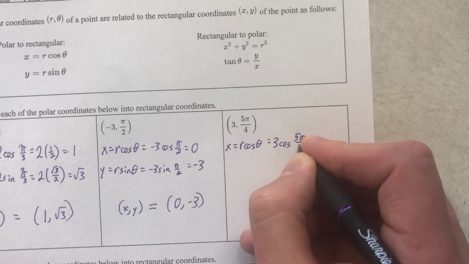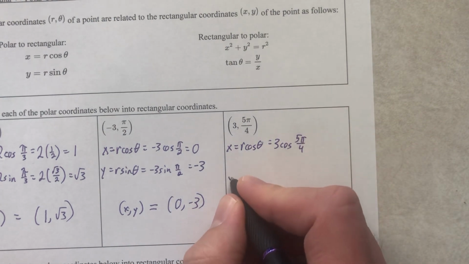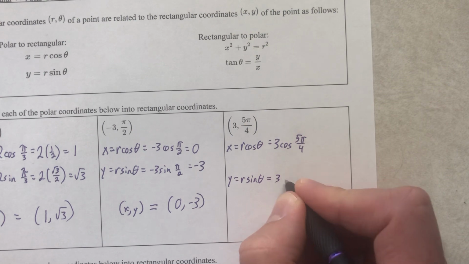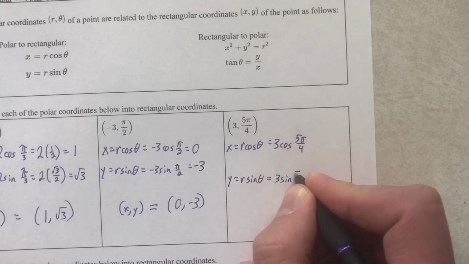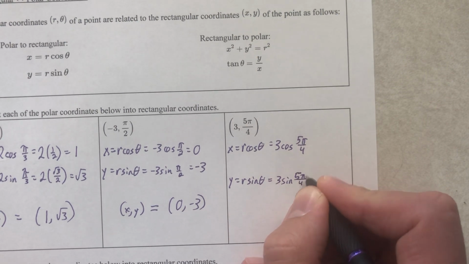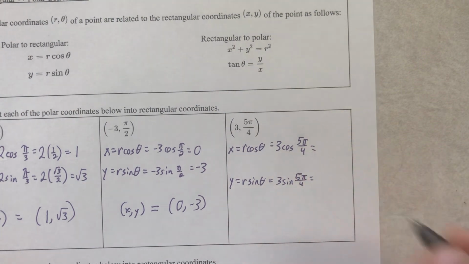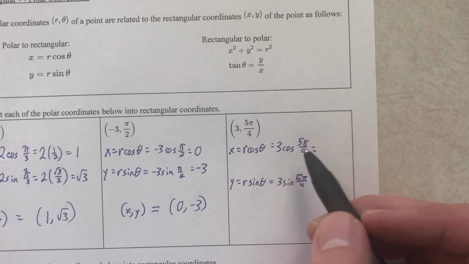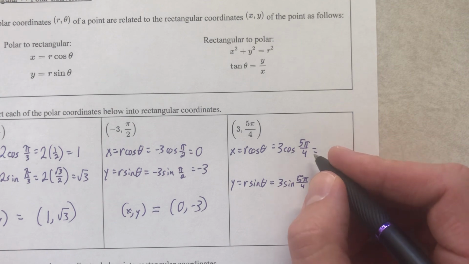Cosine 5 pi over 4, and then we'll leave a little space. That's going to take a little work. R sine theta is 3 sine 5 pi over 4. All right, let's keep going. All right, cosine of 5 pi over 4. Let's see, that puts me in the third quadrant, and that would be square root of 2 over 2, only it is negative.